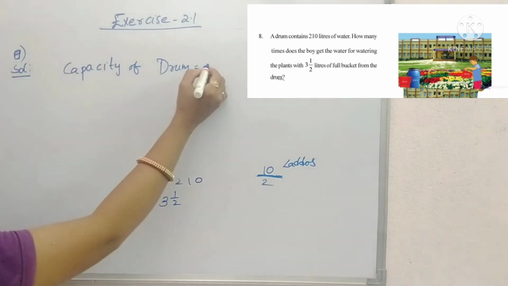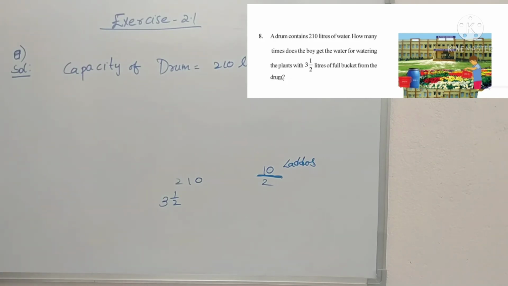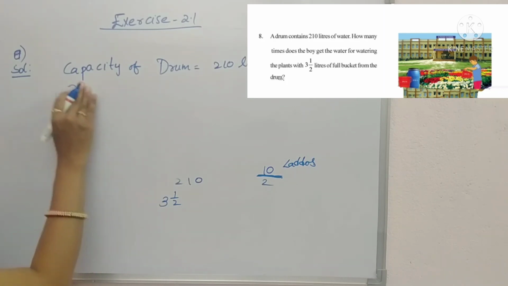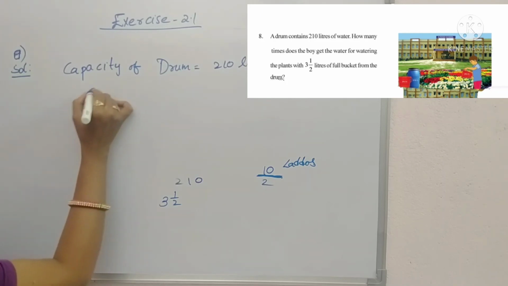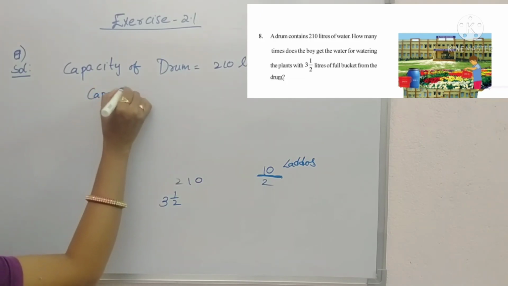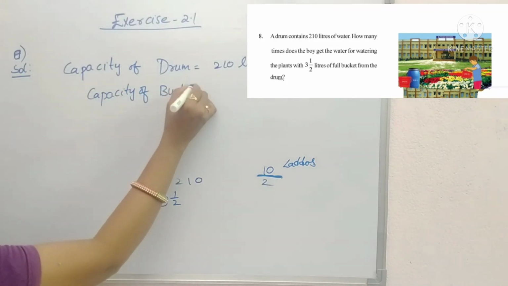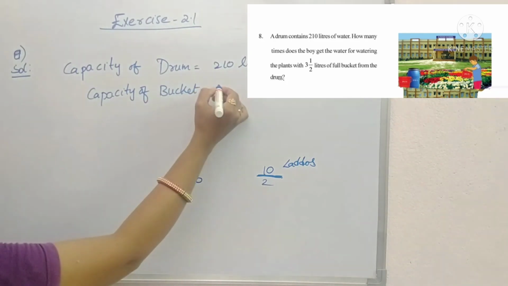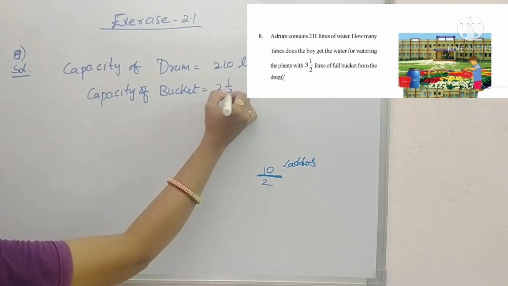So capacity of drum, 210 liters. Or you can write quantity also, no problem. I am writing capacity. Next, capacity of bucket, or quantity of water in the bucket. You can write capacity of bucket. What is the capacity in the problem? 3.5 liters.